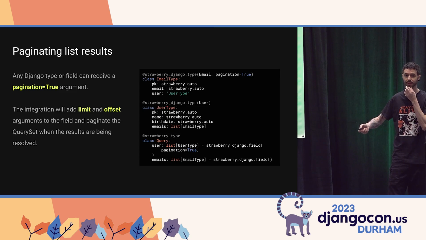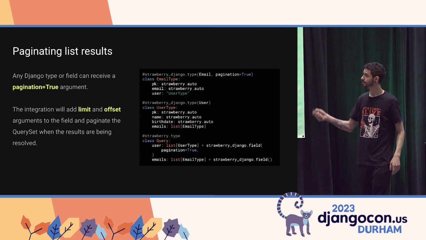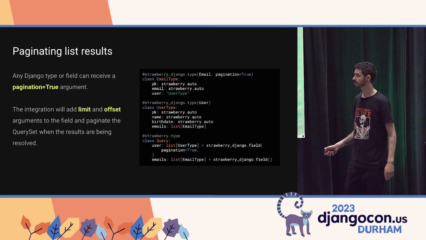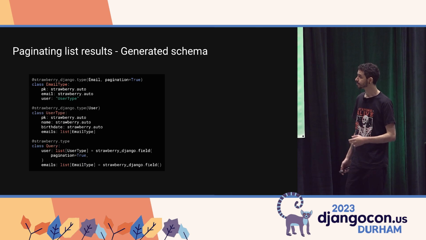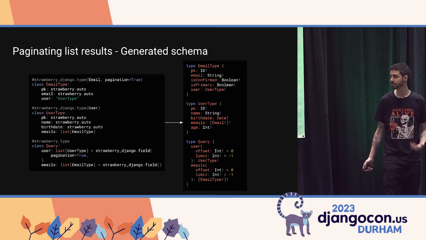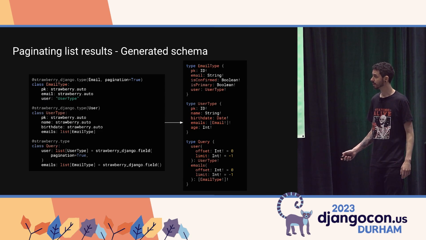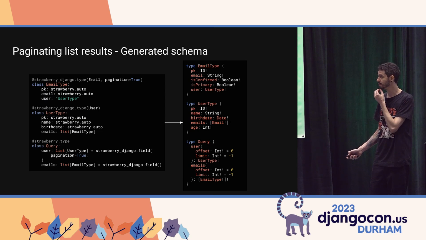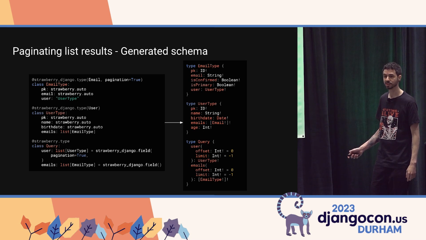And also, I can ask those types or the field itself to be exposed with pagination. In this case, there is no type that will get generated. Just offset and limit params will be injected inside the resolver.